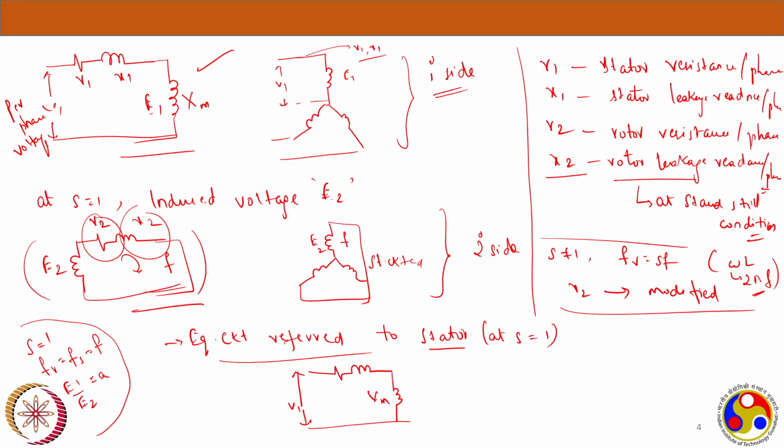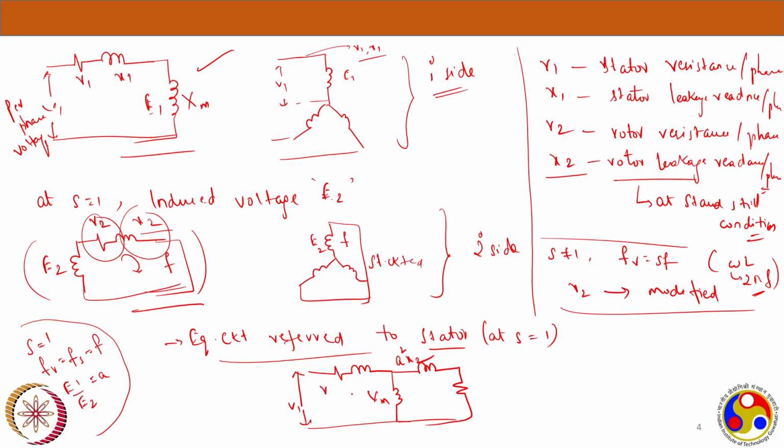So if you want to get the equivalent reactance or resistance referred to stator, you have to multiply with the square of the turns ratio. So I'm just writing it here. This is X2 referred to stator. This is a square X2.